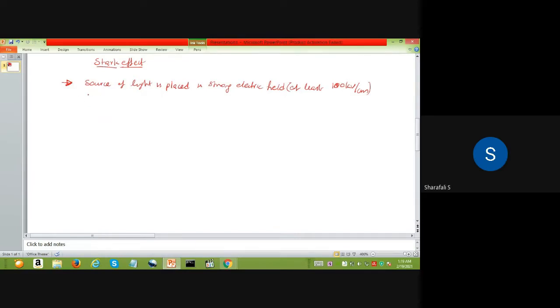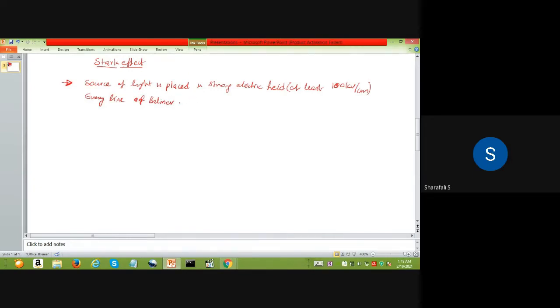So in this case, every line of Balmer series. So this was first observed in this particular series of hydrogen.